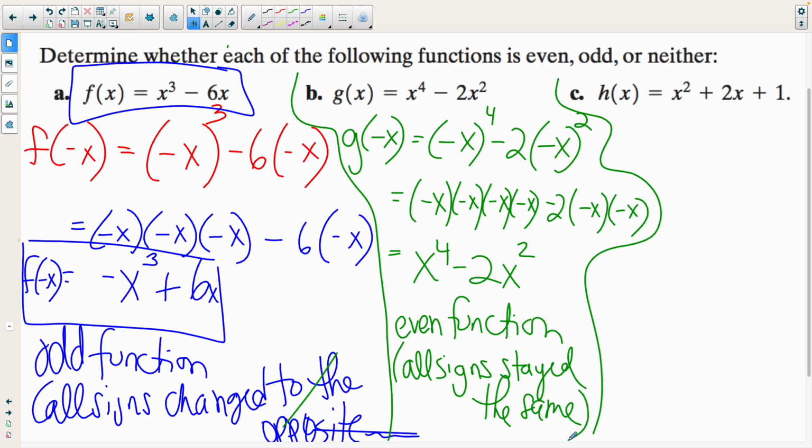Try to do letter C, see what you come up with. Okay, plug in the negative, re-simplify it, and then see if you can designate it from there.